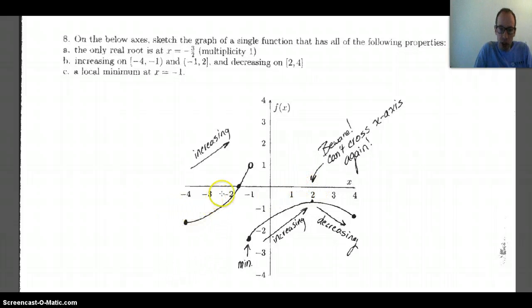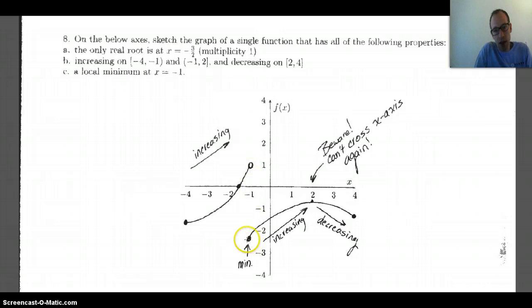Our graph should be going up, and that means the y value should be increasing as we're going from left to right. Now, we get into an interesting situation here. At negative 1, at that exact point, we're not required to increase. So we have this option to jump. Notice that we're increasing, increasing, increasing all the way to negative 1.